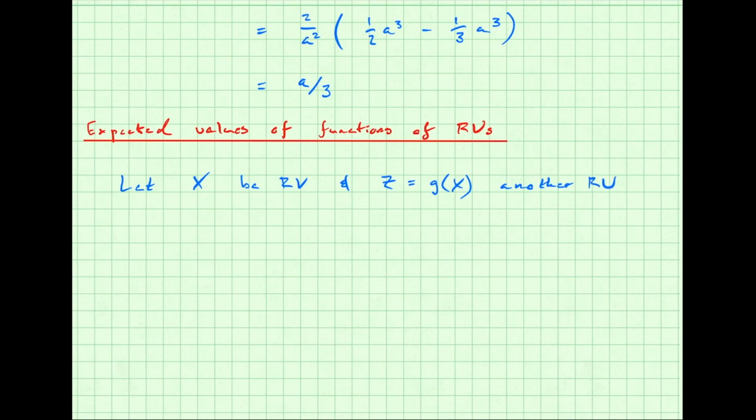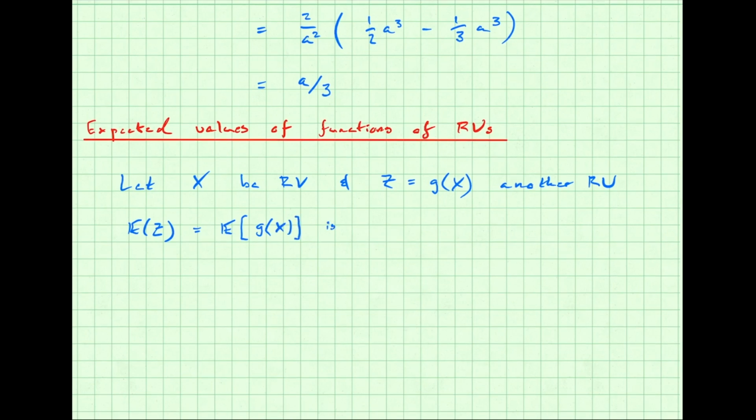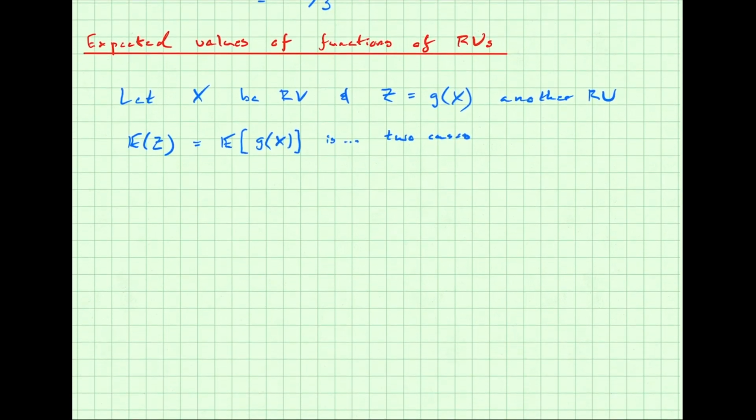And then we want to find the meaning of the expected value of z, or in other words, the expected value of g of x. I'm going to need two different cases. So we'll first write out the discrete case, and then it should be straightforward what the continuous case is.